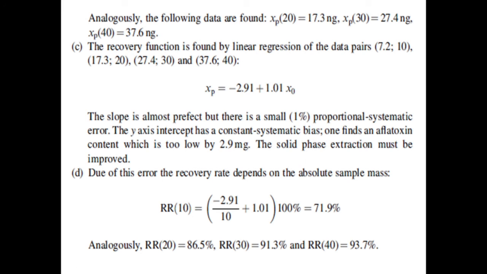Due to this error, the recovery rate depends on the absolute sample mass. Therefore, the recovery rate for the 10 nanogram sample is equal to (minus 2.91 upon 10 plus 1.01) into 100 percent, which is equal to 71.9 percent.